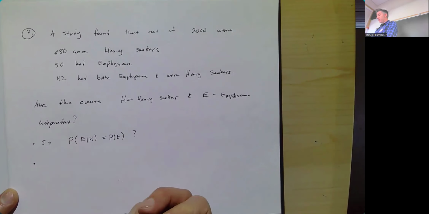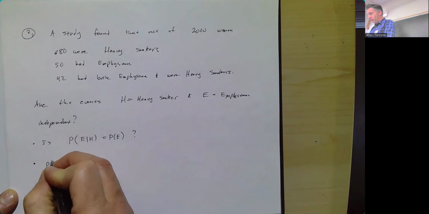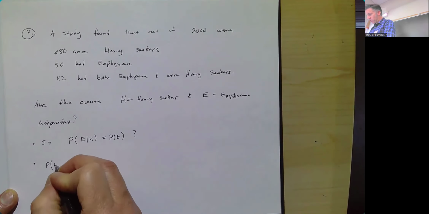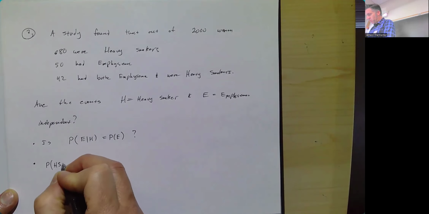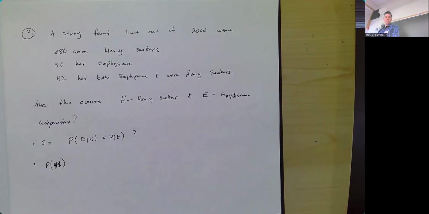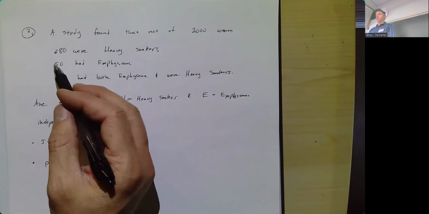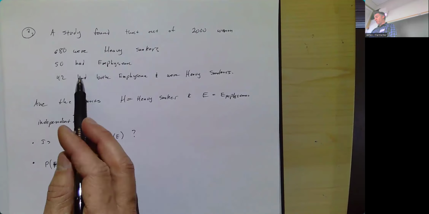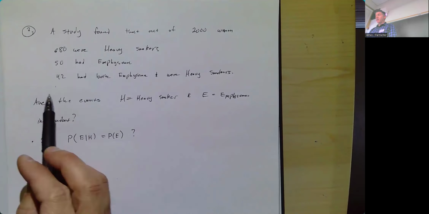Let me ask everybody, what's the probability of being a heavy smoker? I said H, just H. We do mean that 680 is the total number of heavy smokers. And these 42 that were both are contained in the 680 there.